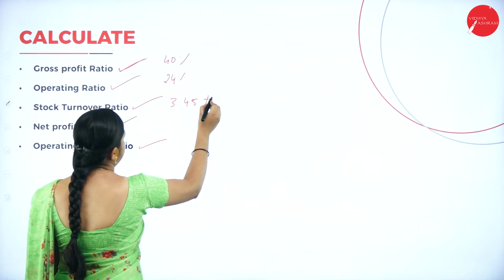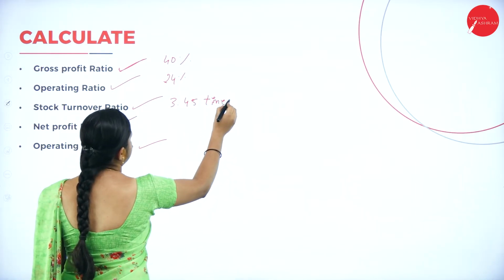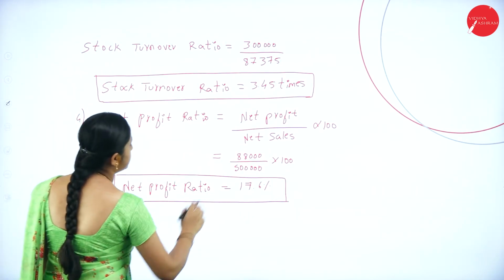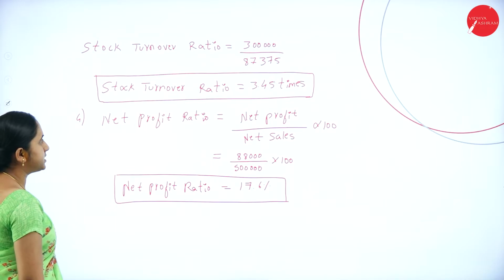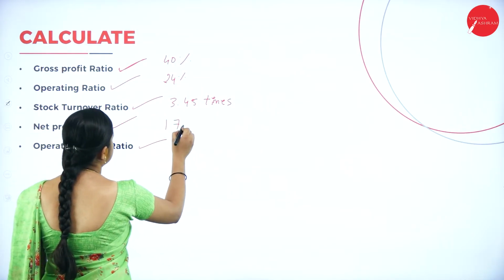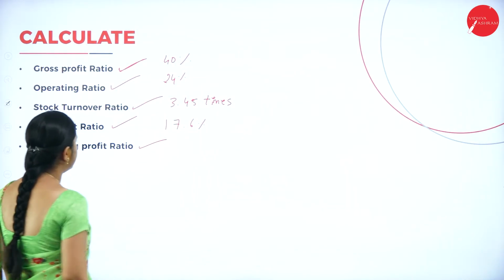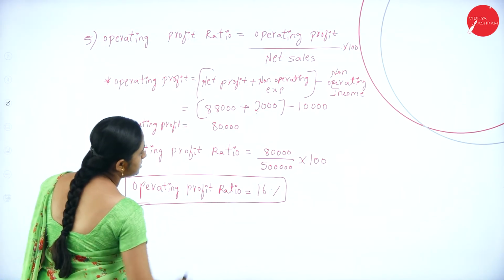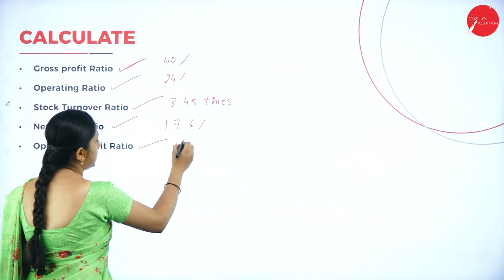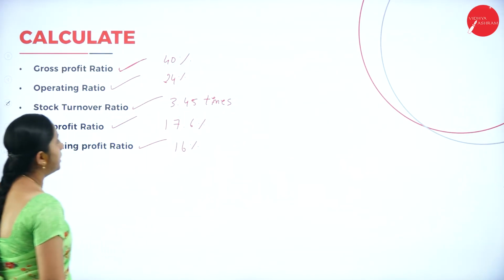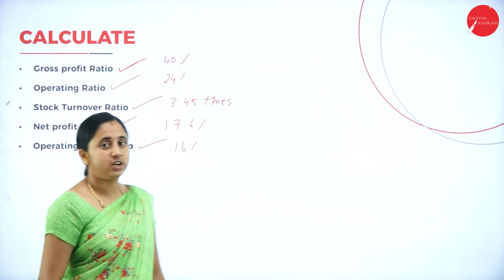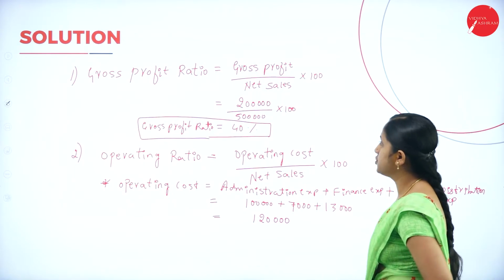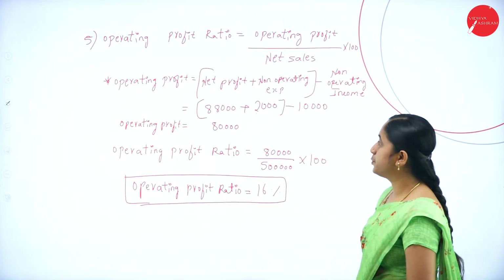Next, net profit ratio is 17.6%. Then operating profit ratio is 16%. So we finished the third problem on ratio analysis. This is the solution. Let's continue with the next problem.